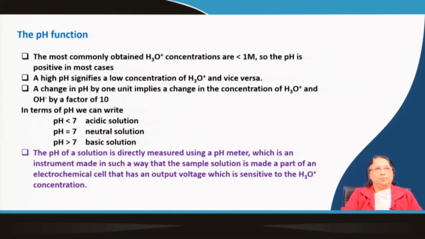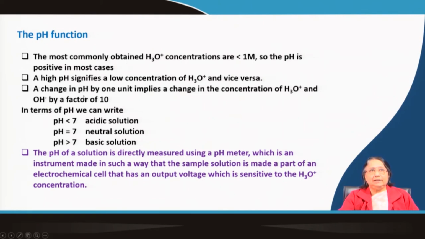This is very, very important. The most commonly obtained H3O+ concentration is below 1 molar, so the pH is positive in most cases. In very rare cases it may be negative, and the pH can go a little above 14, but in general we can say that the pH scale is 0 to 14.